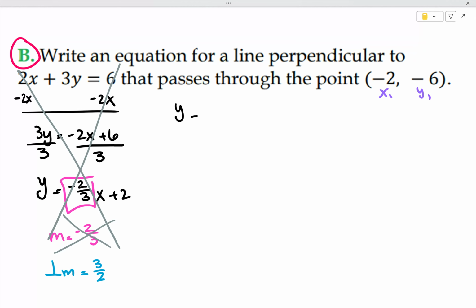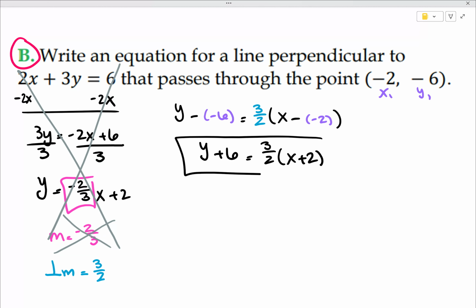Y minus a negative 6 equals our perpendicular slope, so 3/2 times x minus a negative 2. So double negatives, make sure we turn those into positive, so we should have y plus 6 equals 3/2 times x plus 2.